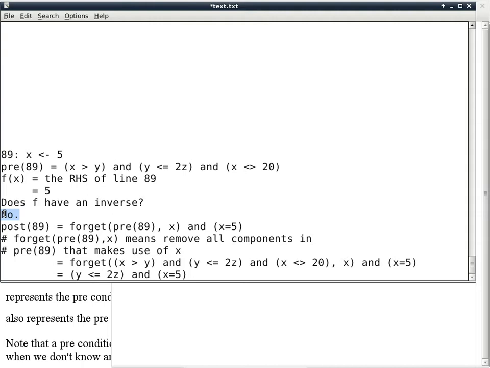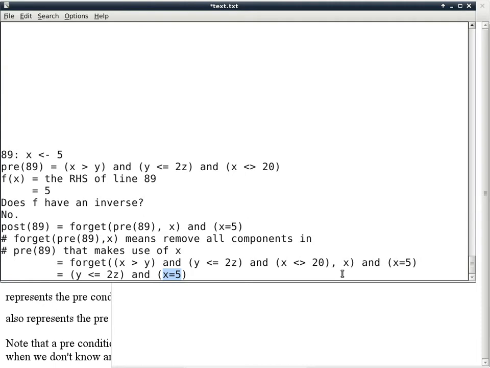Yep. x still does not equal 20 though. So why is that one being removed? Well, because contextually it's still true, but x equals 5 is more specific than x does not equal 20.